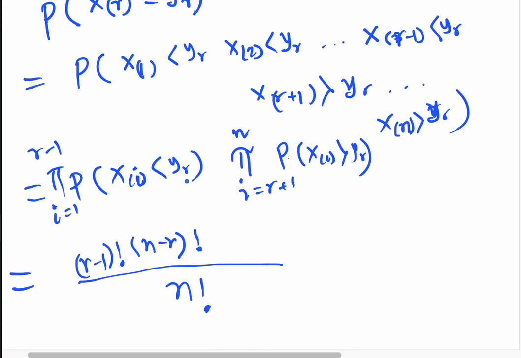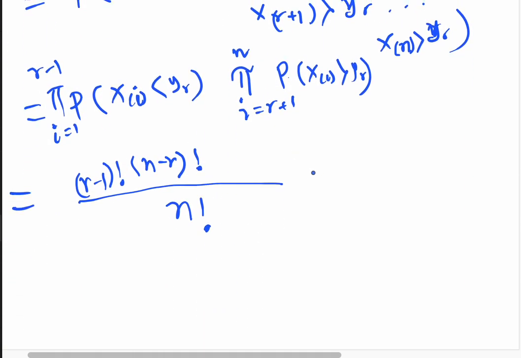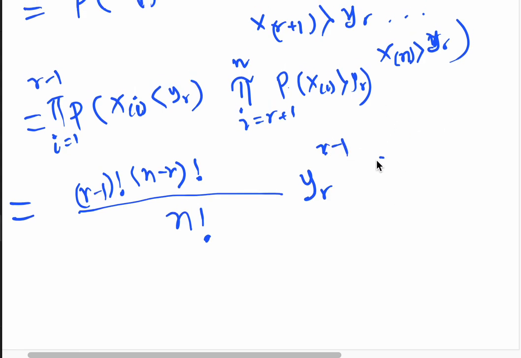Now what is the probability of this? Since it follows a uniform distribution, this is nothing but y of r to the power r minus 1 times 1 minus y of r to the power n minus r.